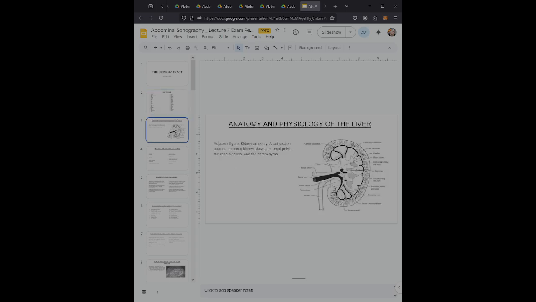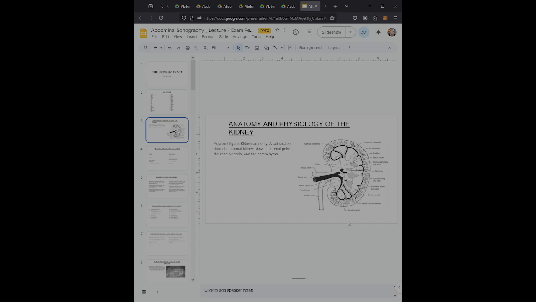So we can come to the anatomy and physiology of the kidney. The urinary system consists of an upper urinary tract, formed of the kidneys and the ureters, and a lower urinary tract that is composed of the bladder and the urethra.